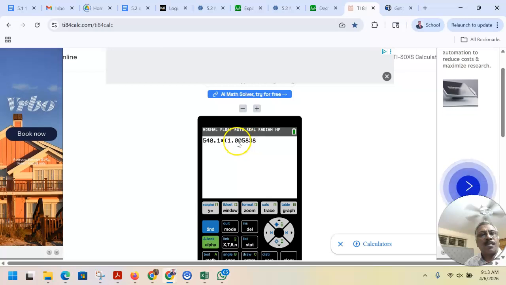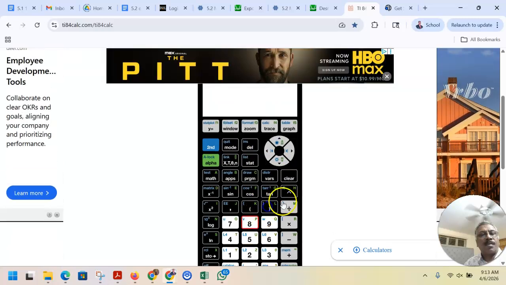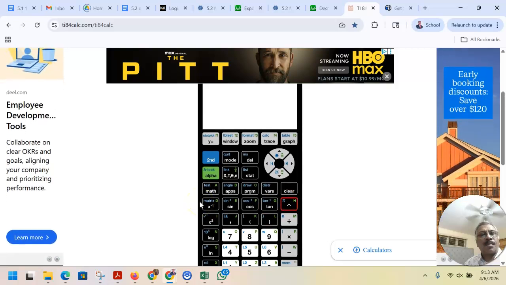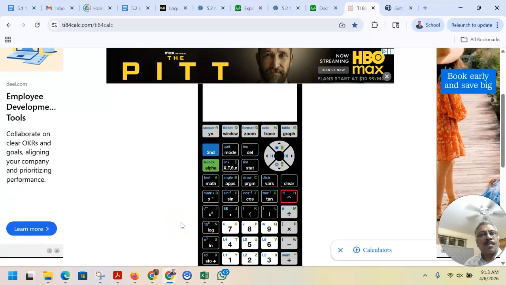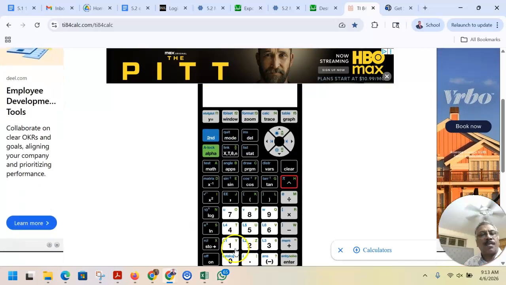Just want to make sure this is correct. 1.005838 and close it, and go up and put the exponent, for 2030 I'll put 11.